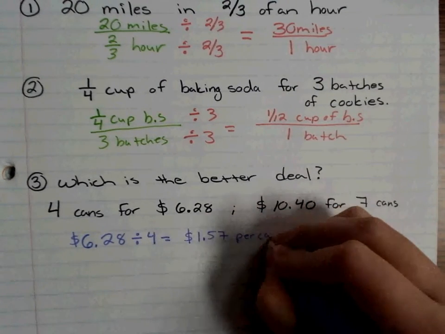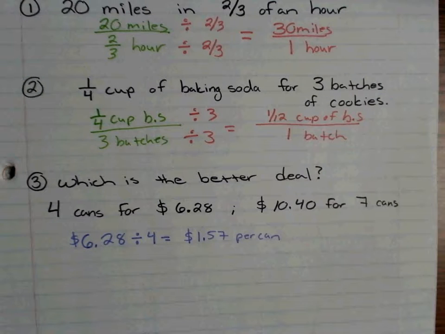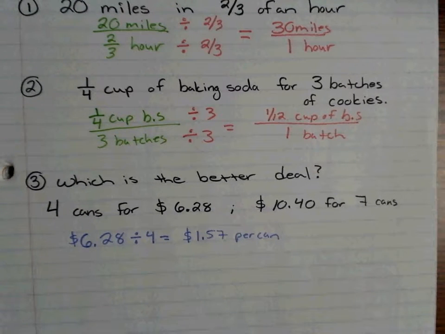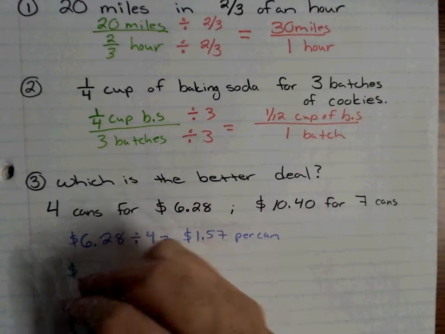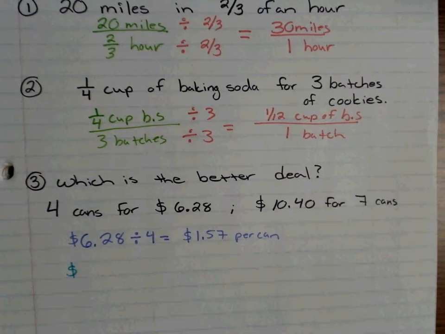Okay. What about for the 7 cans? What's that price going to be? Ava, it's going to be what? 149.